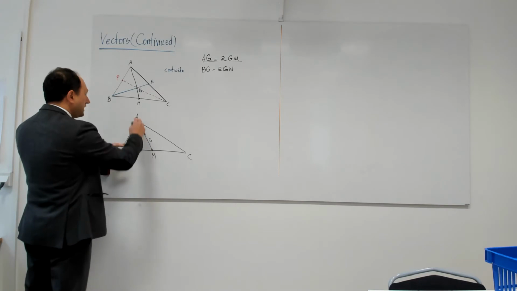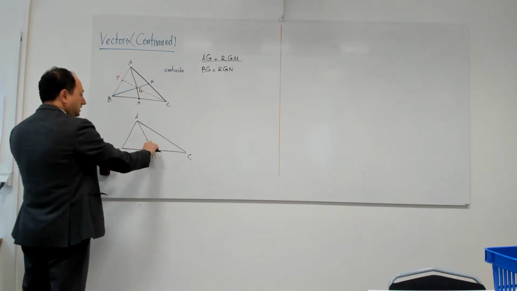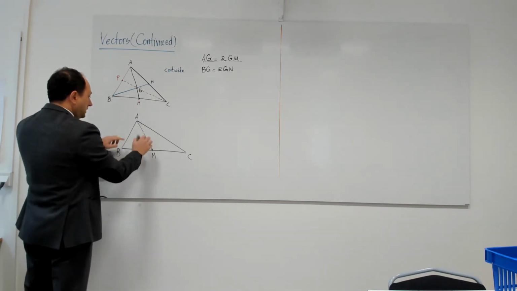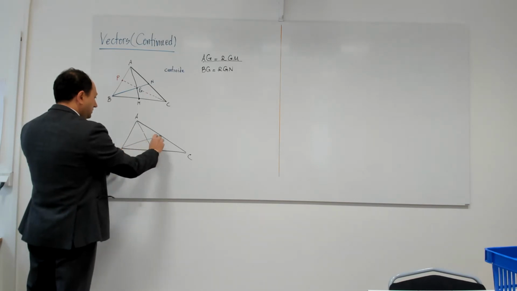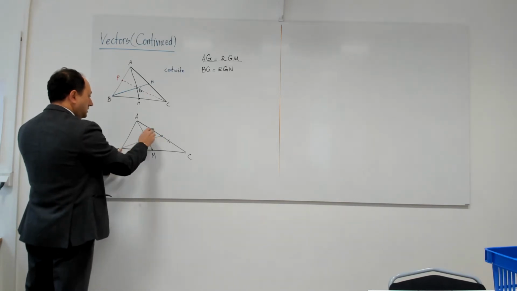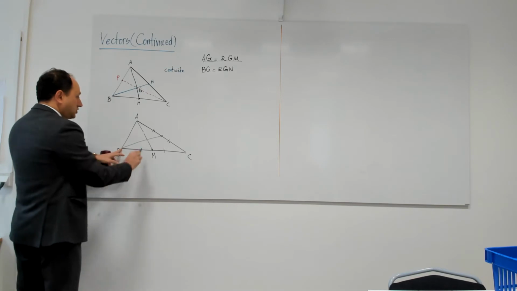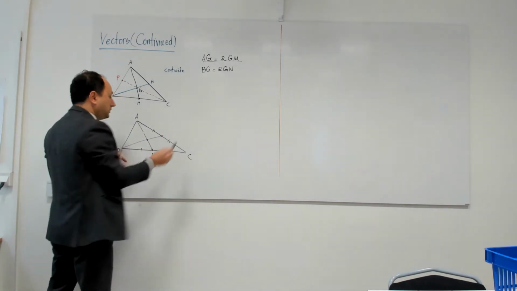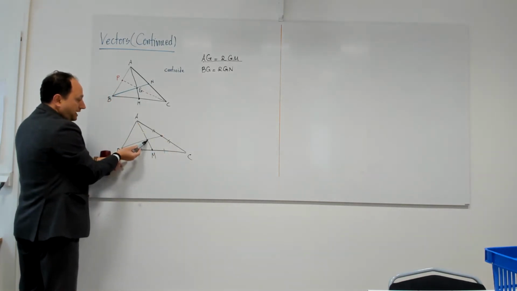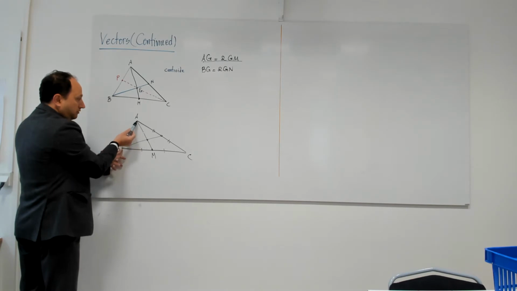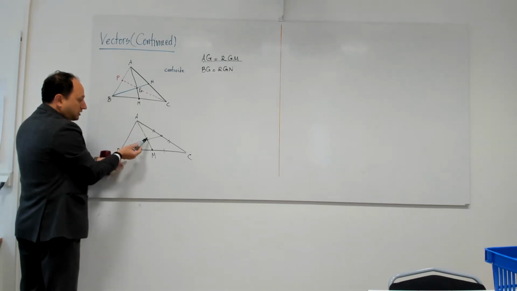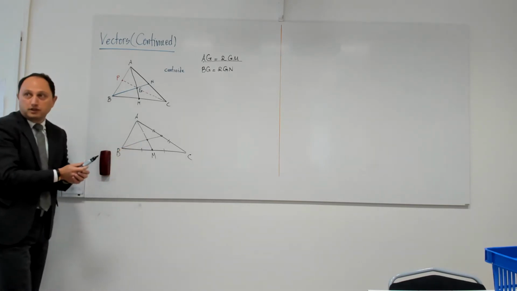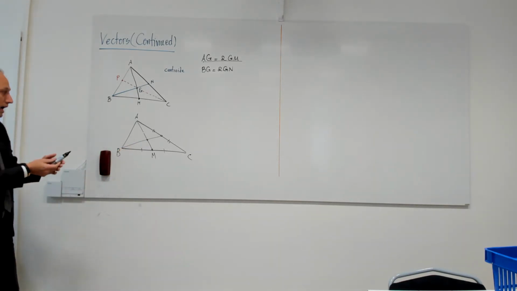So if I consider two arbitrary medians, so let me just clean this one and then draw another arbitrary median. Yes, so this is midpoint, this is midpoint. So we showed that they intersect at a point with this property, that the distance from that point to the corresponding vertex is 2 times larger than the distance of that point from the midpoint of the opposite side. Yes? We showed that that is actually true.